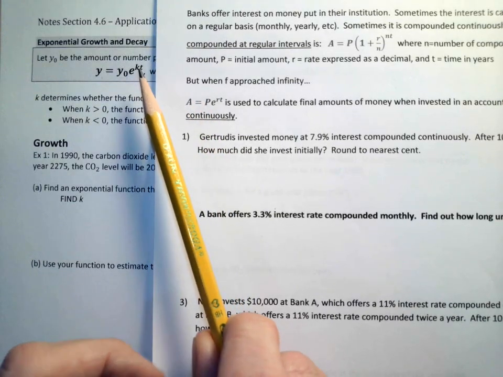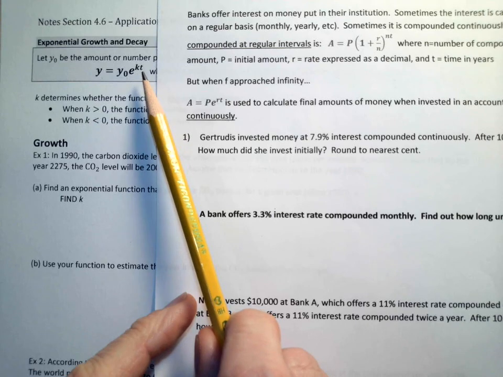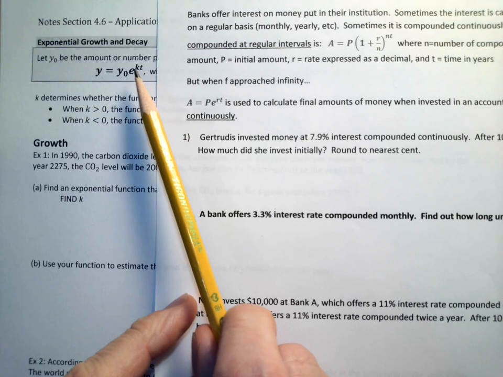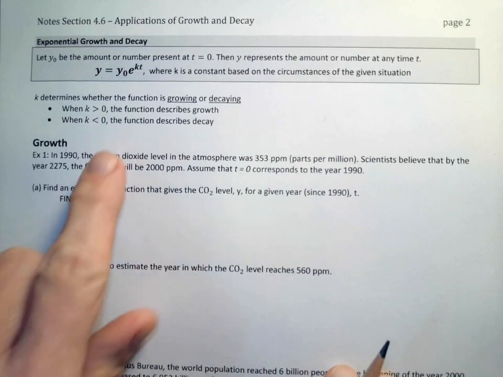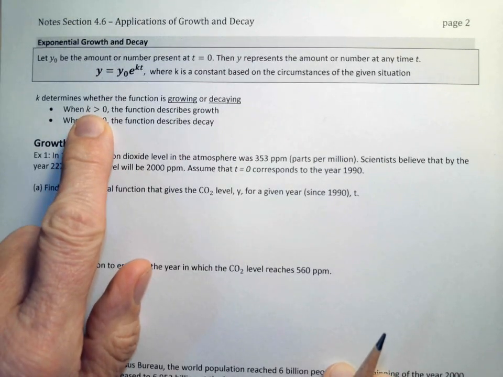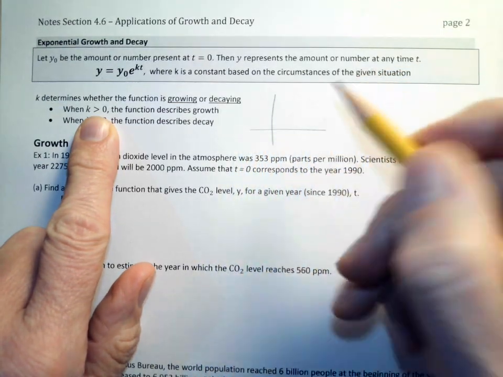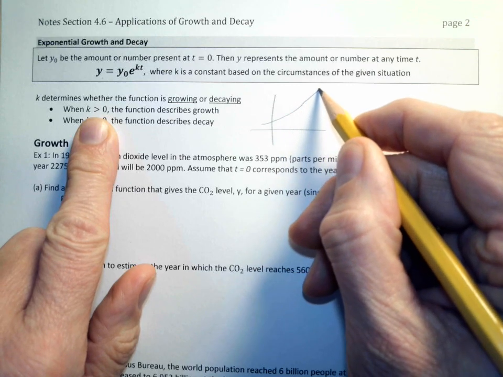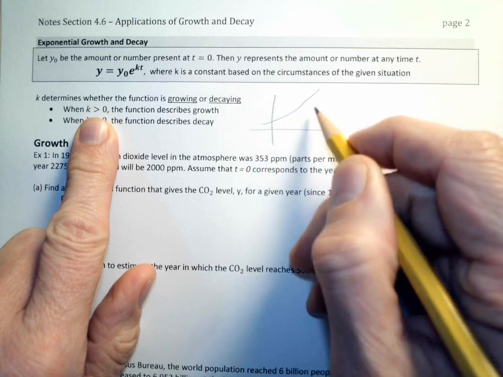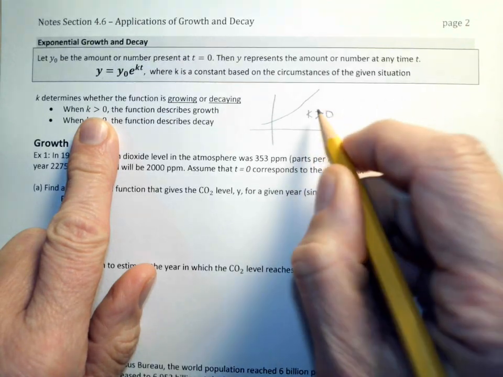It's just that your k is going to depend on the units of time that we use, and also on the situation in the problem. k will be positive when we have growth. For example, if I put money into an account and it grows over time, it's exponential growth, and k is going to be greater than 0.